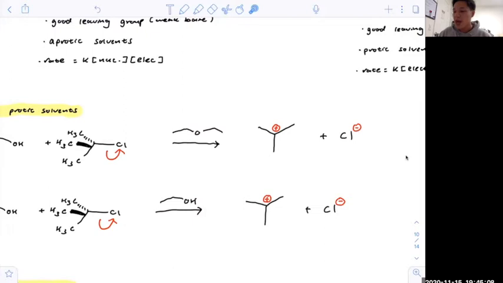But if I'm an aprotic solvent, I can't hydrogen bond to make my leaving group stable, and I can't hydrogen bond and donate my electron density to my carbocation.